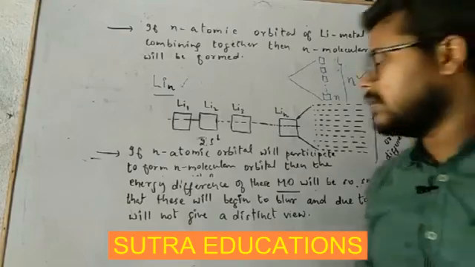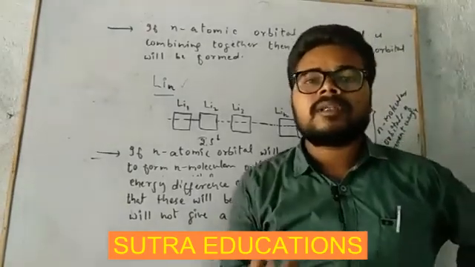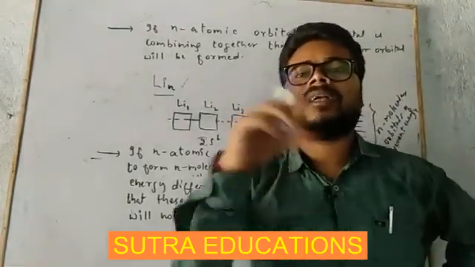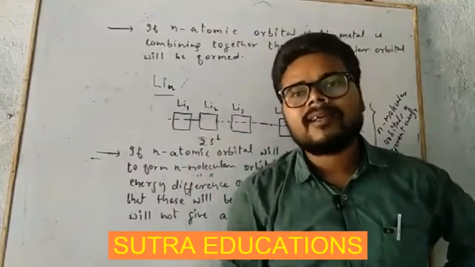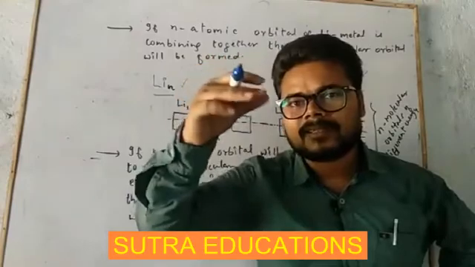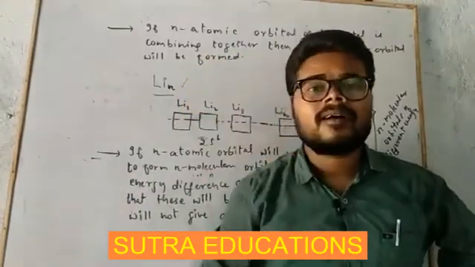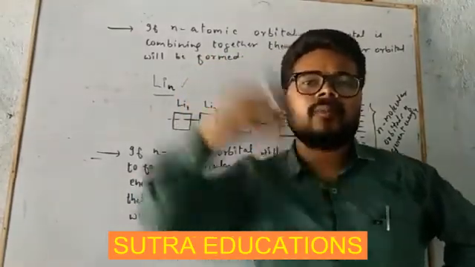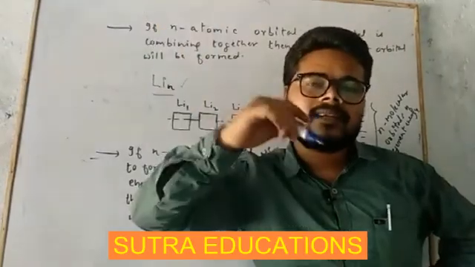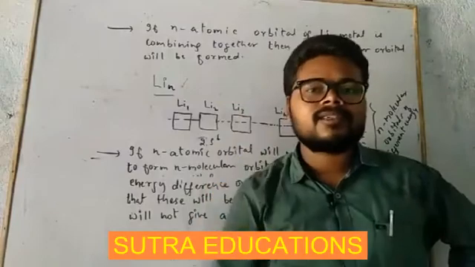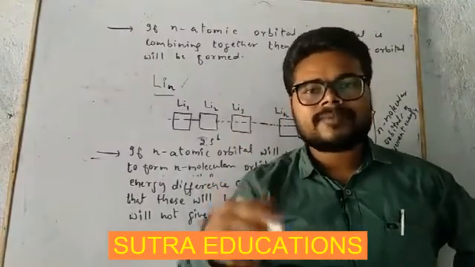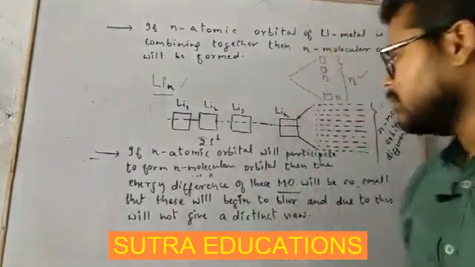And we know molecular orbitals consist of bonding and anti-bonding molecular orbitals. If there are so many molecular orbitals, then the differences between the molecular orbitals will be less, and if the difference will be less, then what will happen?